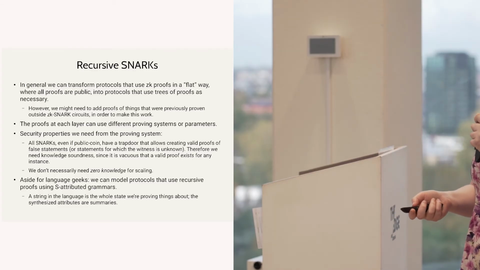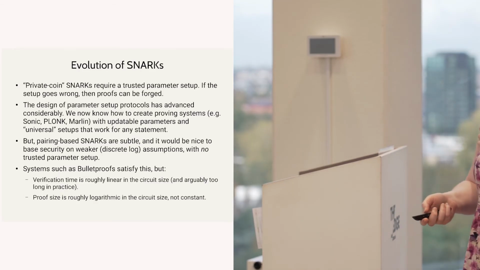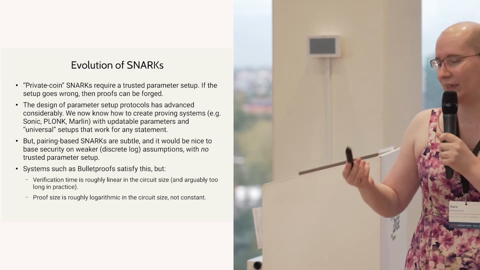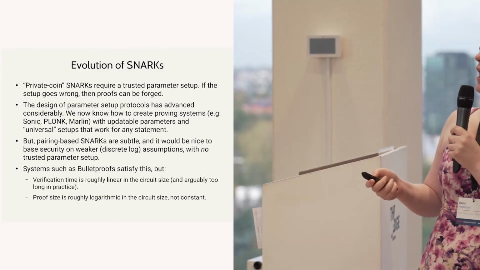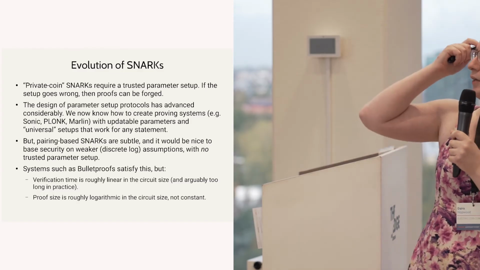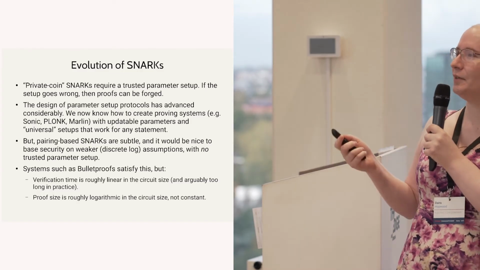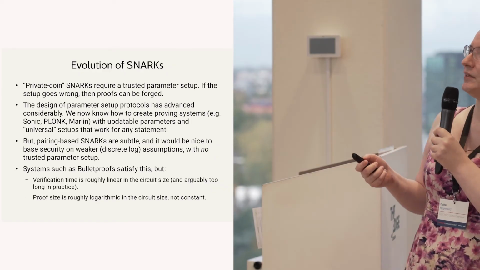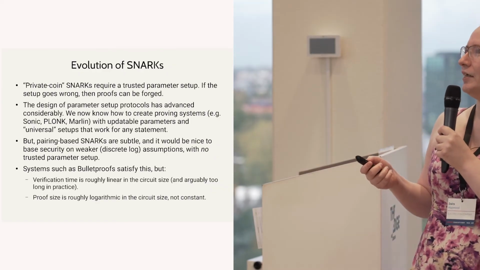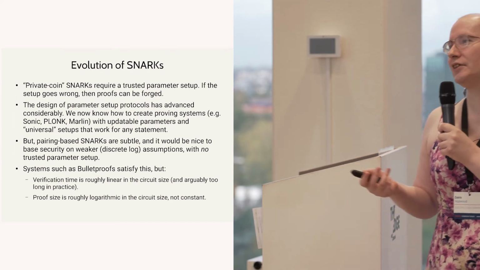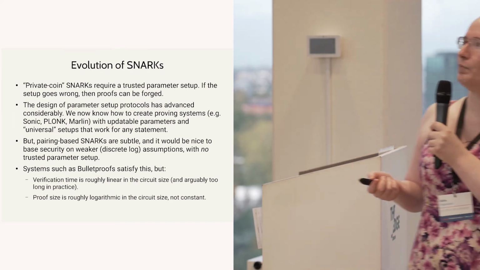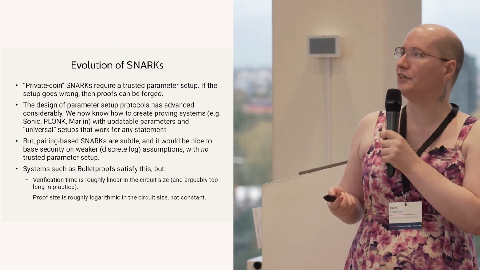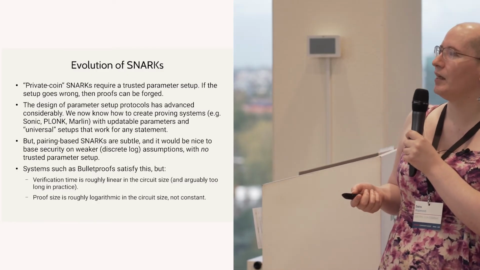So some information on some recent developments in Snarks. We now know how to create universal proving systems where you don't need to do a setup for each statement. But there are still some disadvantages to using pairing-based Snarks. So we'd like to reduce the assumptions a little bit.